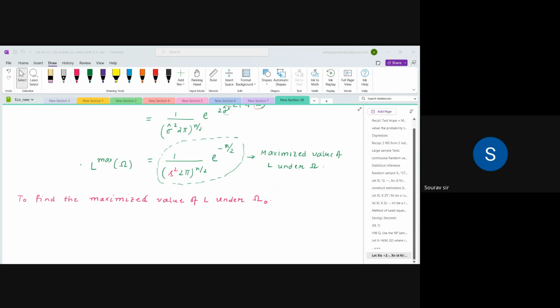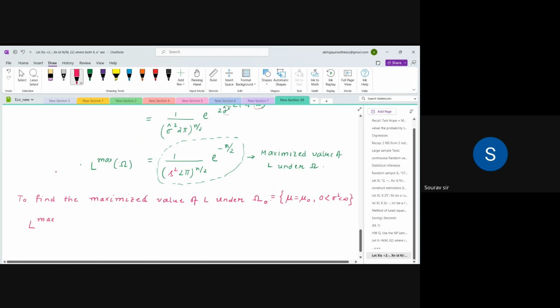Correct? And what is the omega naught parameter space? It is specifying the value of mu equals mu naught, and sigma square can vary anywhere between 0 to infinity. Correct? So you want to find out the maximized value of the likelihood function under this parameter space. So L max of omega naught. This is what we want to find out.